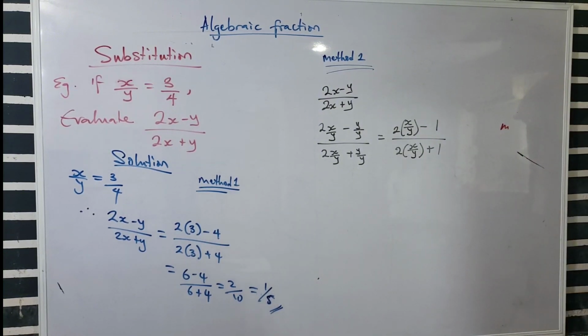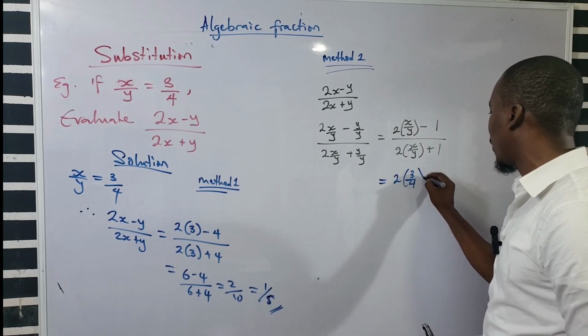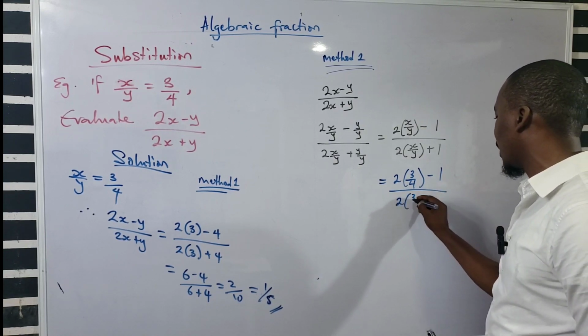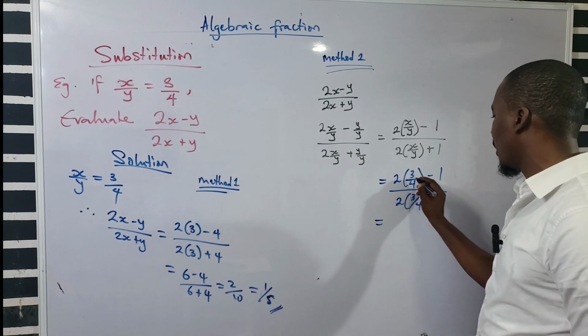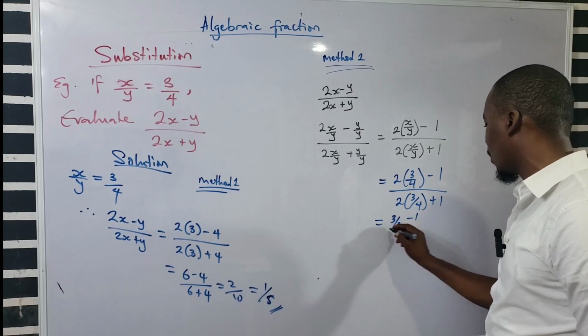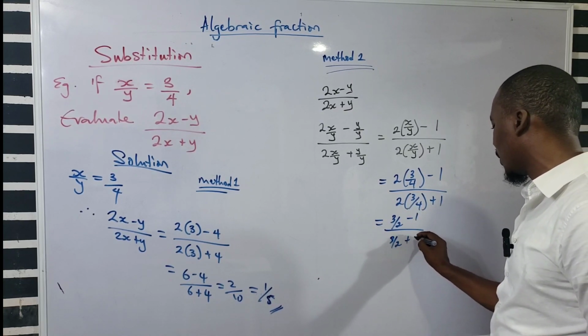Okay, so you can now put your values of x over y. So that will give you 2 into 3 over 4 minus 1 all over 2 into 3 over 4 plus 1. This and this will go. I have 3 over 2 minus 1 all over 3 over 2 plus 1.